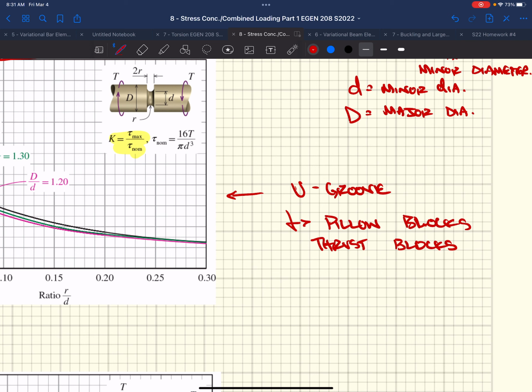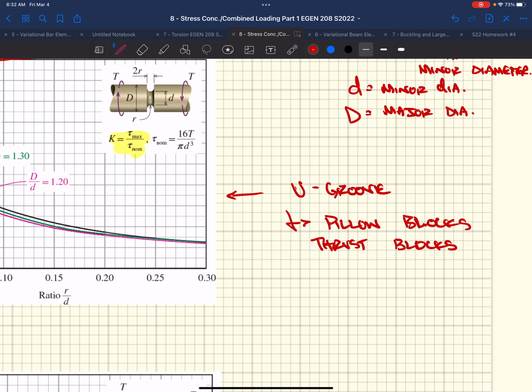Sometimes we're transmitting that rotation a long distance, and so we end up putting bearings on it. A lot of times you don't want this shaft to just creep its way down and move horizontally along the length of the shaft. So you put a U-groove in it, and then you encase that in a bearing. Now the bearing keeps that shaft from rotating up and down and wobbling all over the place, but it also keeps it from moving in the longitudinal direction.